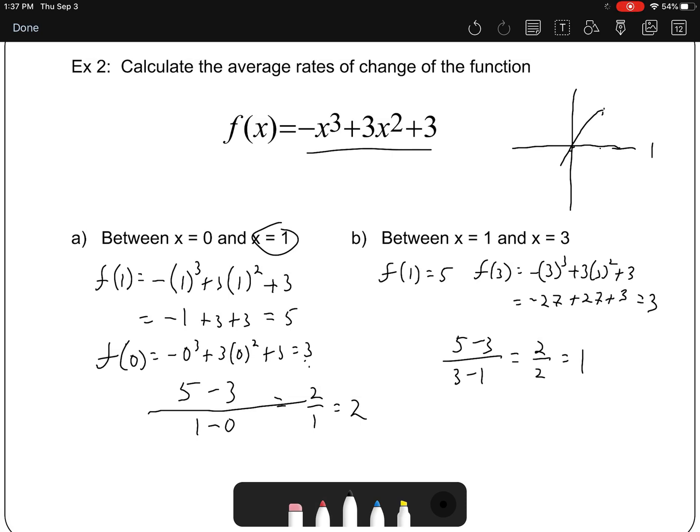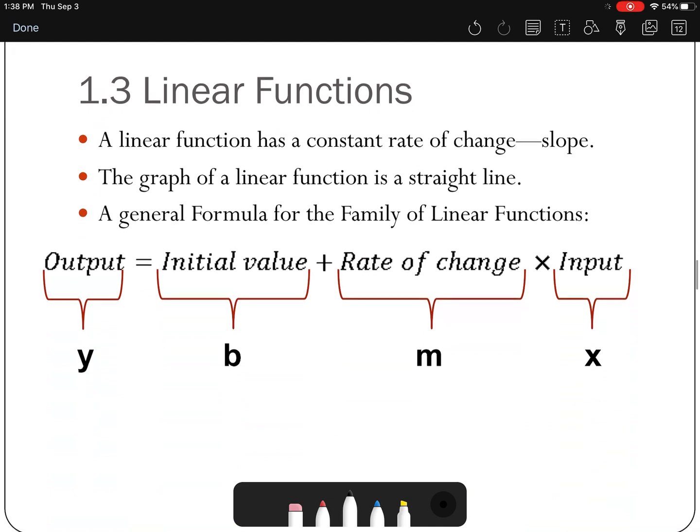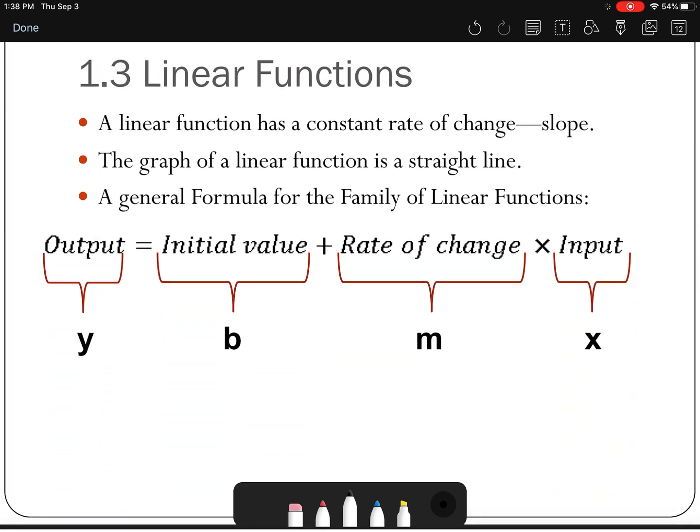I hope I did that right. 3 minus 1 is 2. f of 1 is 5, and f of 3 is 3, so that's correct. So it's going to start leveling off from 1 to 3. So the slope's only going to be 1. So it's not as steep as from 0 to 1. It's steeper from 0 to 1 than it is from 1 to 3. Okay? So that's how we calculate the average rate of change, which leads us into a line.